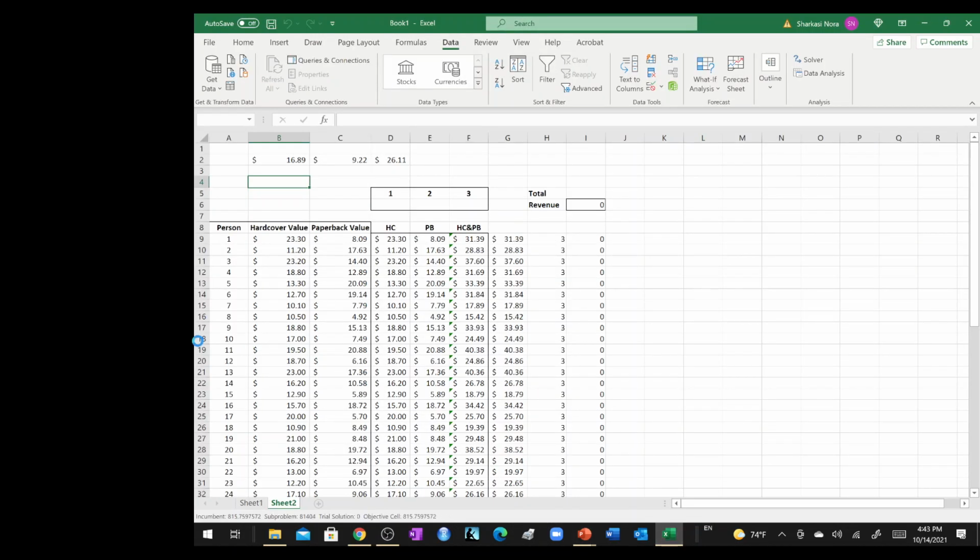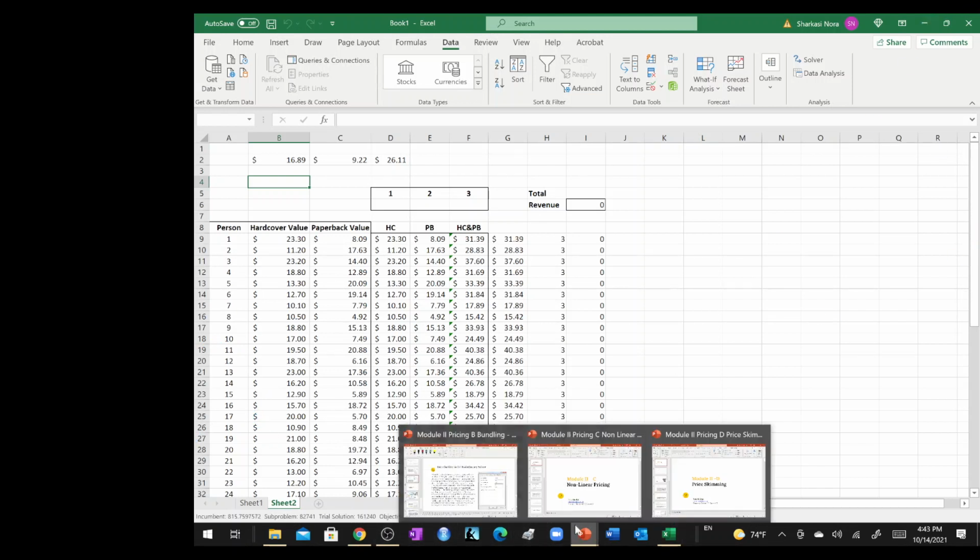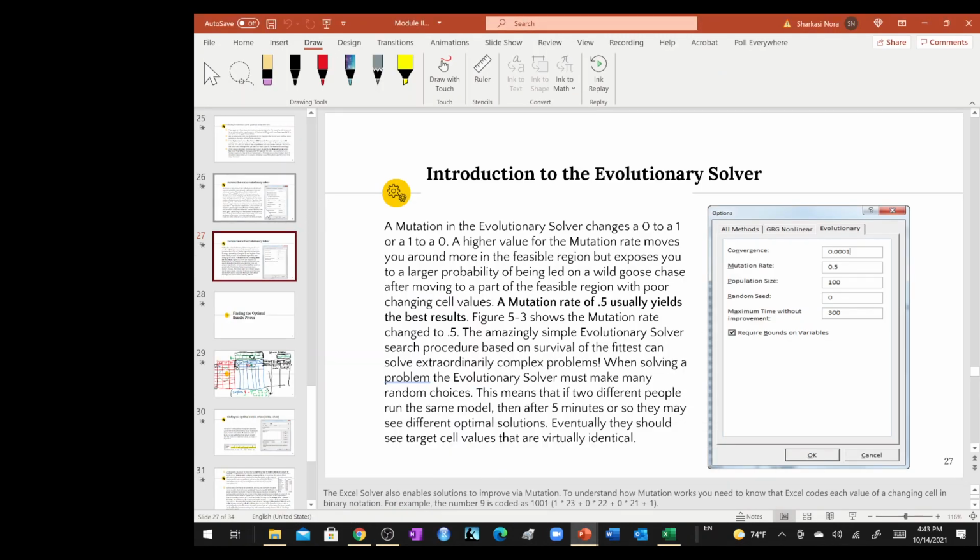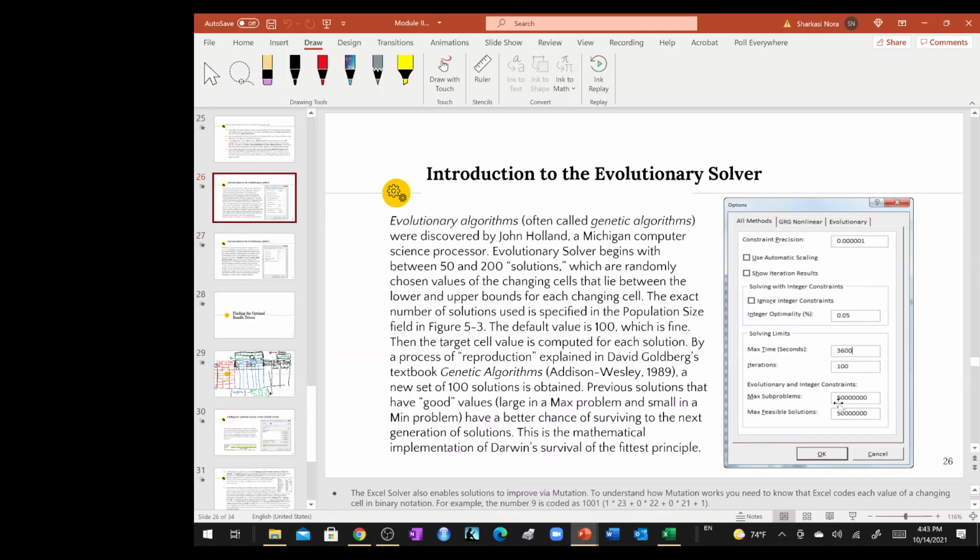I think in the assignment that we just did, we also have 100. I still have it set up while I am recording this video. For these, the maximum subproblems and the maximum feasible solutions are put at 50 million.